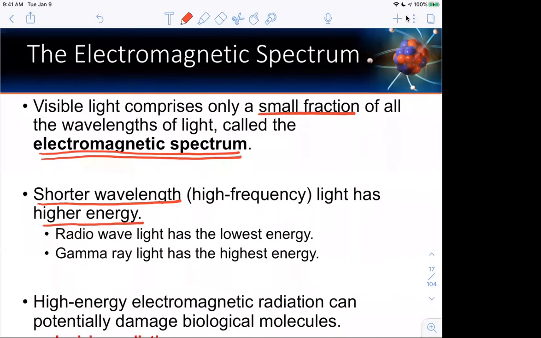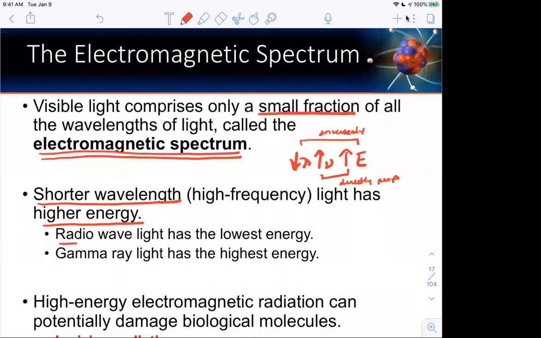So I have another relationship: I decrease lambda, I increase frequency, I increase energy. So energy and wavelength are inversely proportional, and lambda and energy are directly proportional.